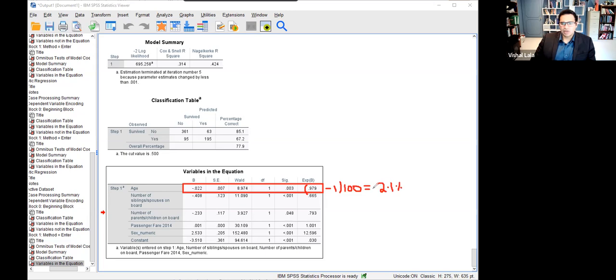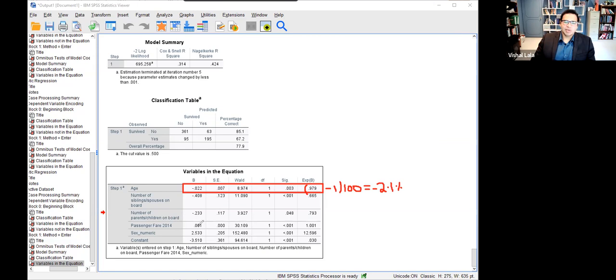In other words, older people had a much lower chance of surviving aboard the ill-fated Titanic. The likelihood of surviving aboard the Titanic declined by 2.1% with every passing year. Somebody 1 year older had a 2.1% less chance of surviving.